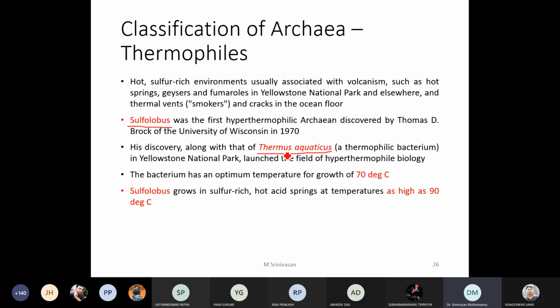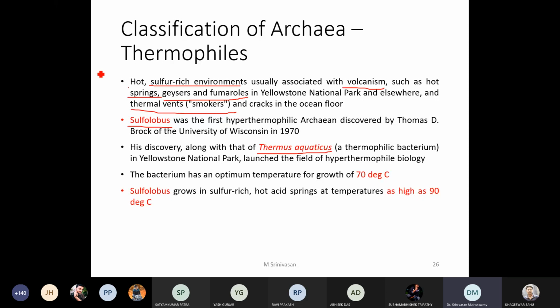These are two very well-known examples of hyperthermophilic microorganisms. The environmental conditions where we can find them are sulfur-rich environments, usually associated with volcanoes and hot springs, geysers and fumaroles, and the deep sea where we can find the smoky vents.